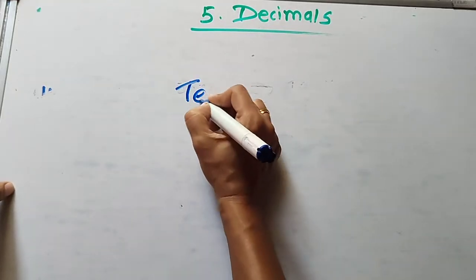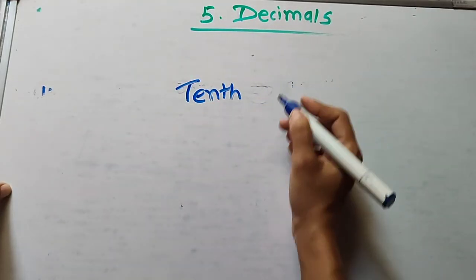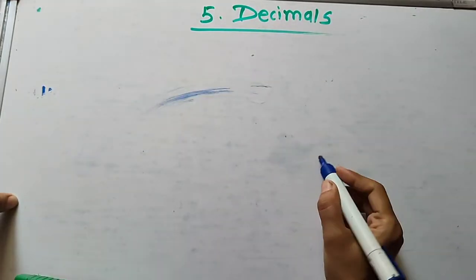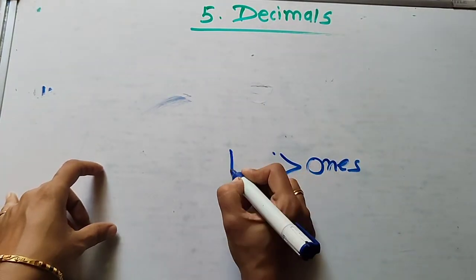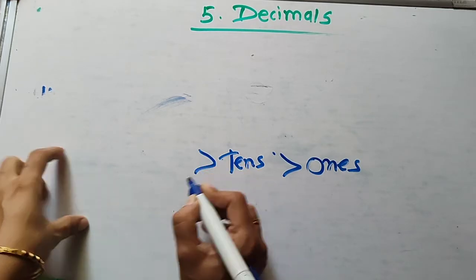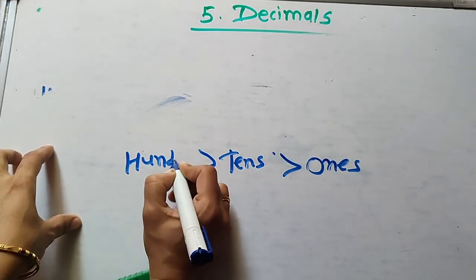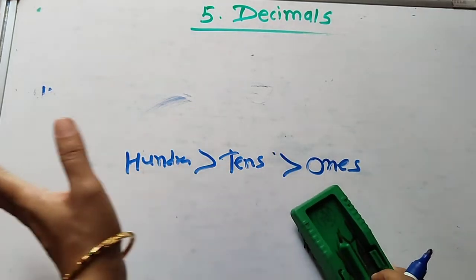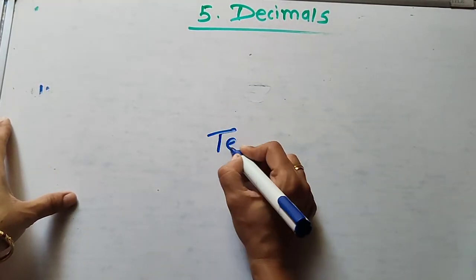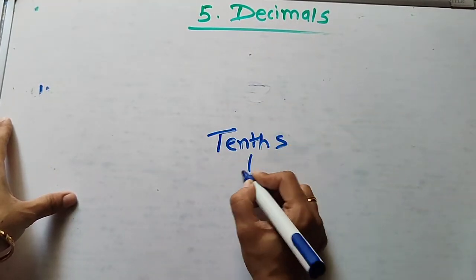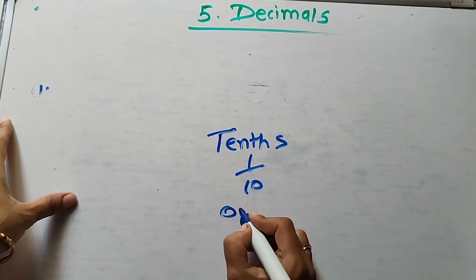Before that you have to remember that यहाँ पे जब हम नंबर लिखते हैं तो 1's place सबसे स्मॉल रहती है. 1's के बाद कौन सी प्लेस आती है, टेंस प्लेस, यह ग्रेटर रहती है, उसके बाद 100 प्लेस उससे भी ग्रेटर रहती है. Okay, when we move on left hand side. But when we move after decimal point, this is 10th place, 1/10. Okay, that is 0.1.